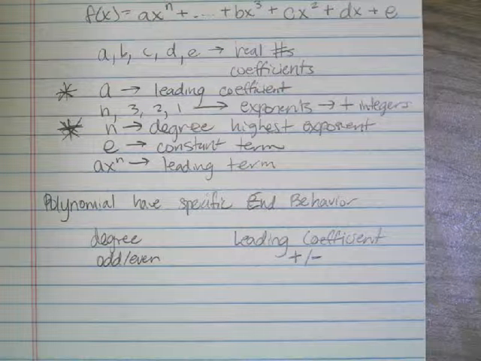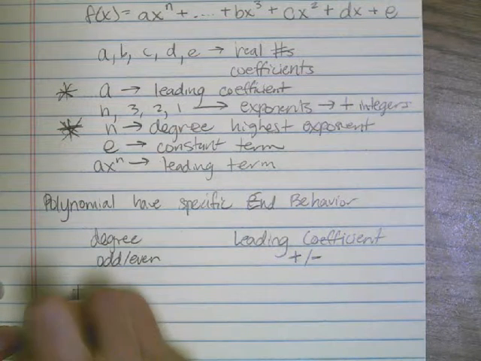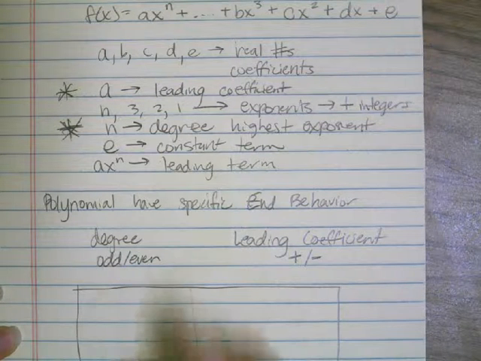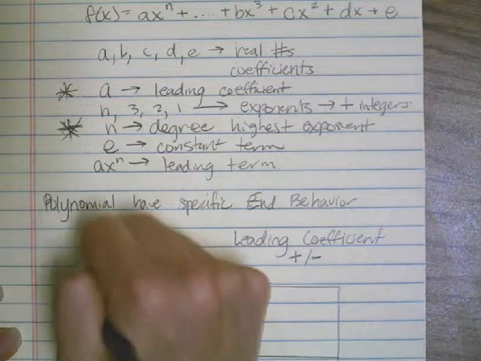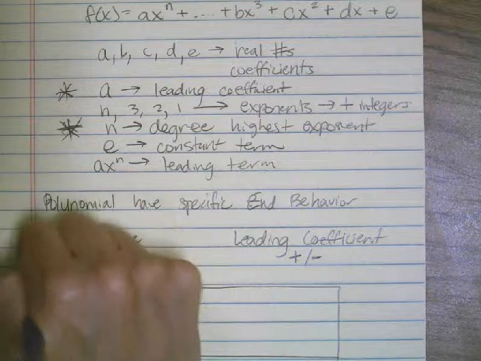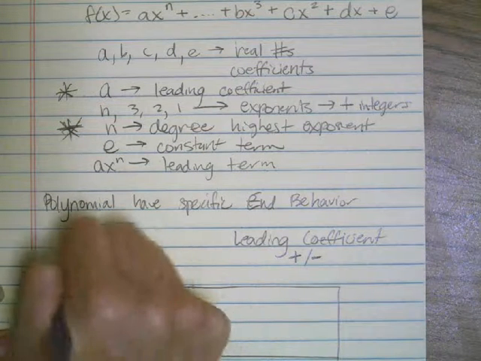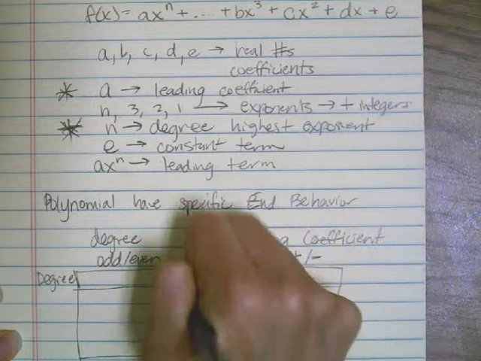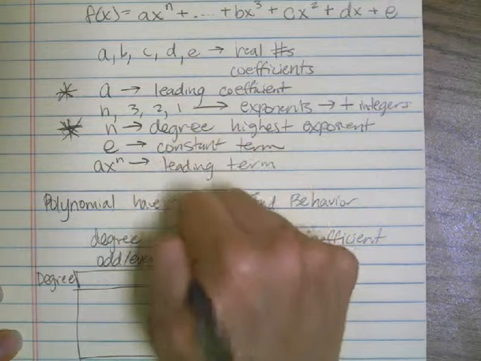So I'm going to draw my end behavior chart like this. We'll put degree up here, and this will be leading coefficient.